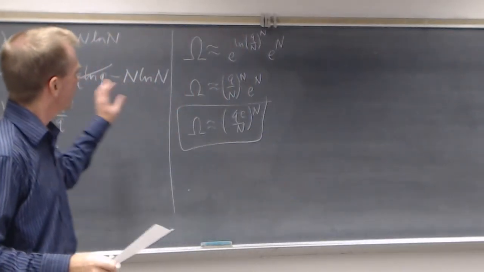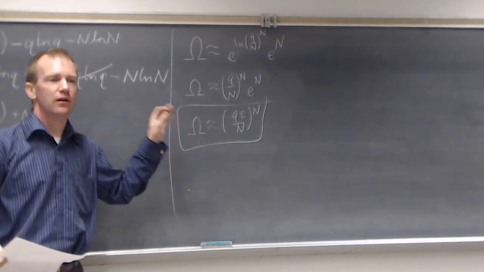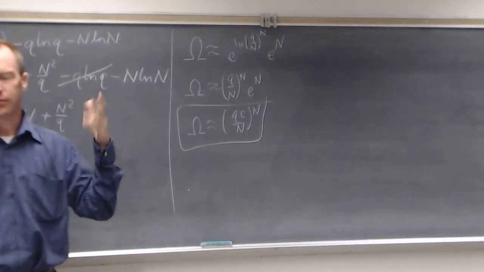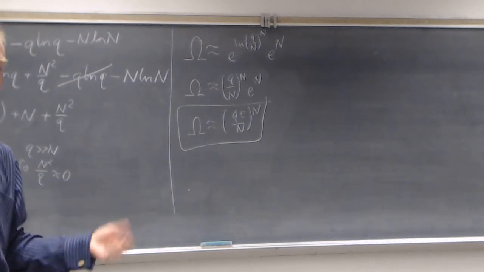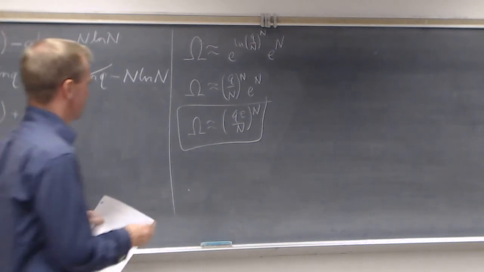Now, this is the multiplicity of an Einstein solid, for a large Einstein solid in the high temperature limit.